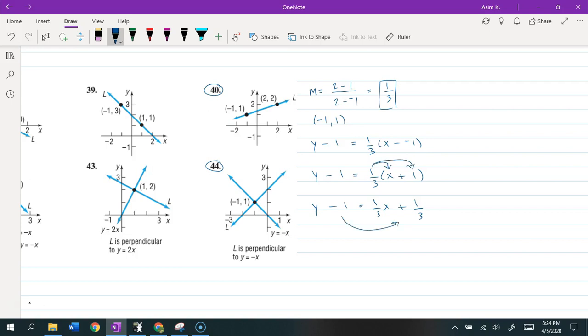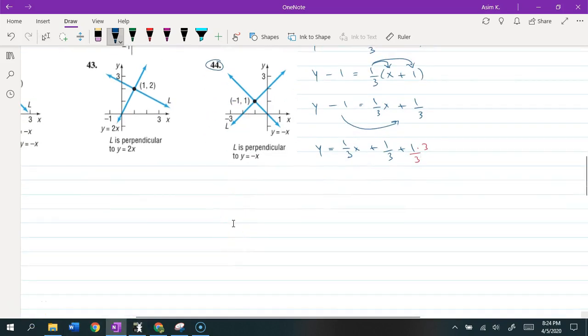And then you bring the minus 1 over, so it becomes y is equal to 1/3 x plus 1/3 added to 1. And now the common denominator is a 3. So once you get that 3 working for you, you'll have y is equal to 1/3 x plus 1 plus 3, which is 4, so 4/3, okay?